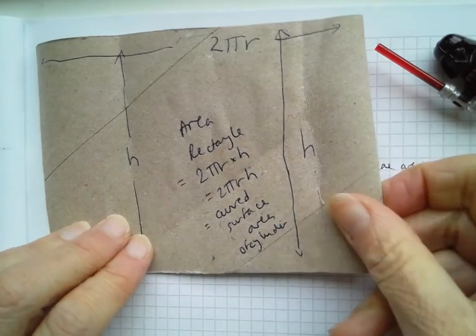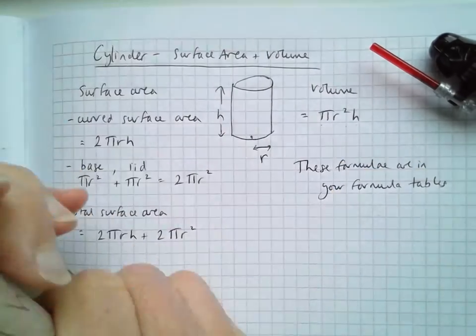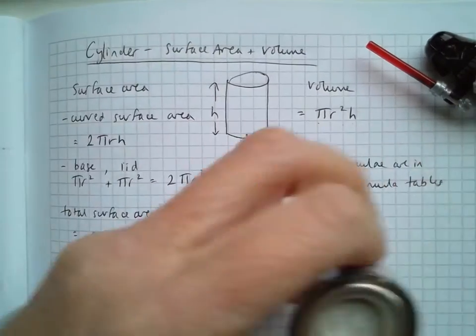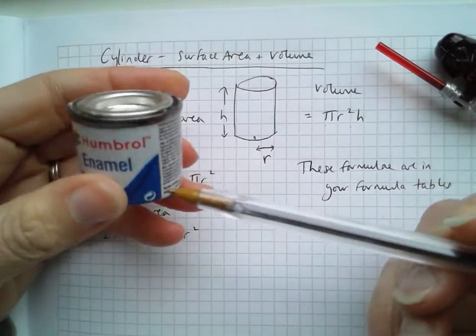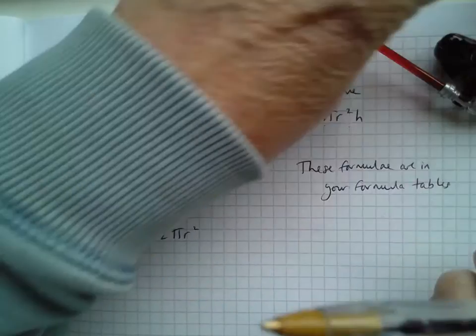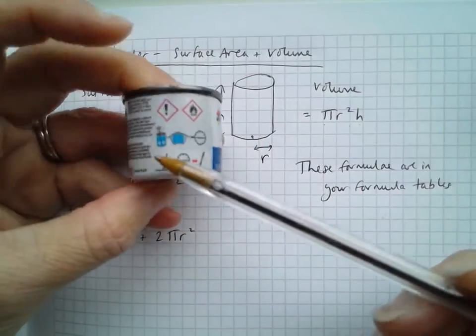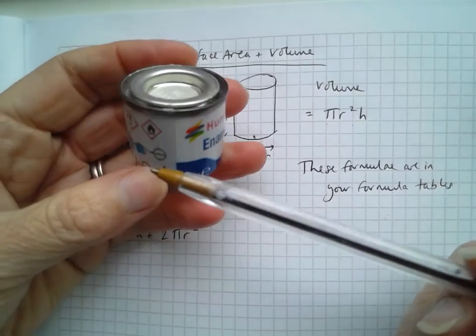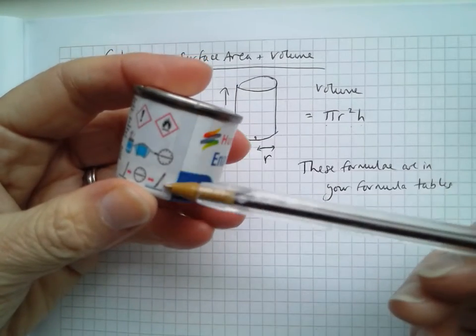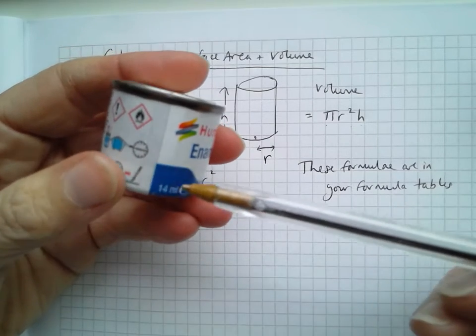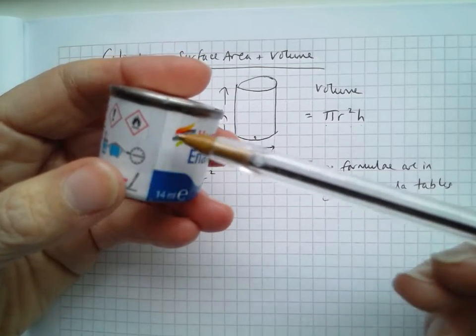Now just on the volume of the cylinder being pi r squared h. In this cylinder, the area of the base is pi r squared because it's a circle, and say it is 5 centimeters tall, we've got 5 slices that are a centimeter each: 1, 2, 3, 4, 5.